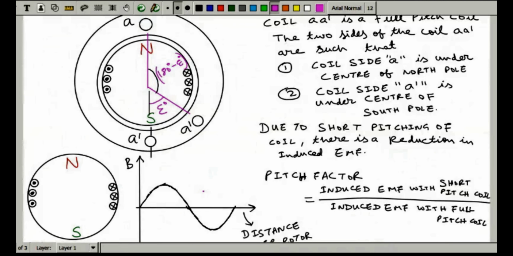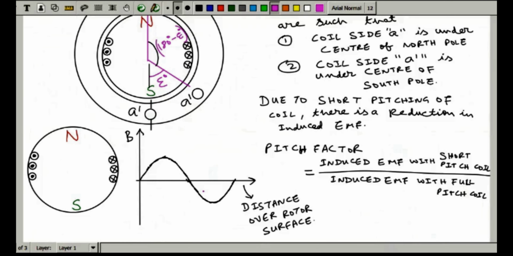So right now you can see how the coils are positioned when the coil is a full pitch coil. You can see it here. This is the position of the coil. Let me show you.